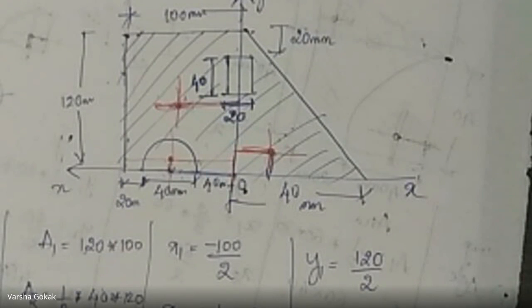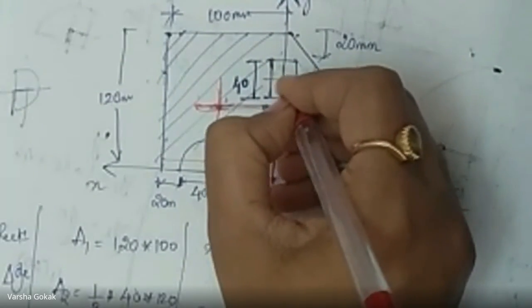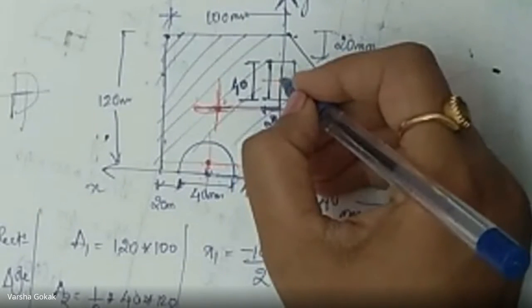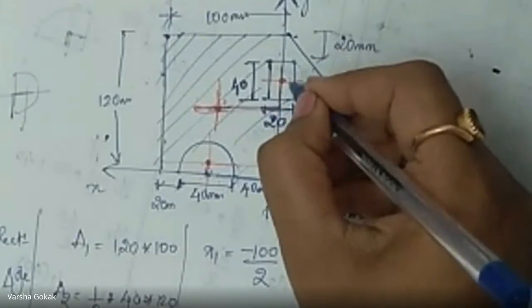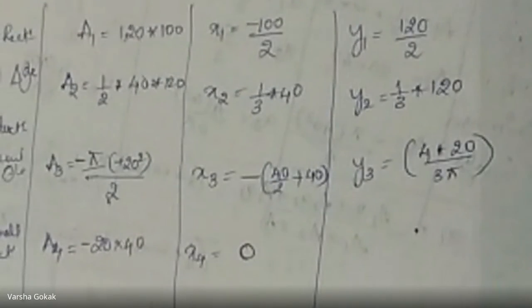CG of the rectangle is here, see. Is the CG lying on the reference axis? Yes, ma'am. CG of that individual diagram is lying on the reference axis. So x will be what? 0. X4 value is 0 because they are on the same axis. There is no distance between them.